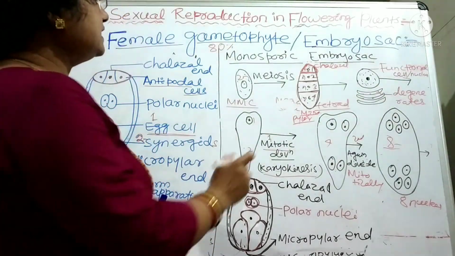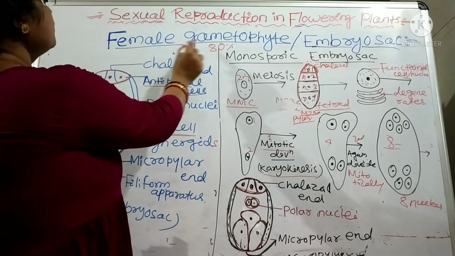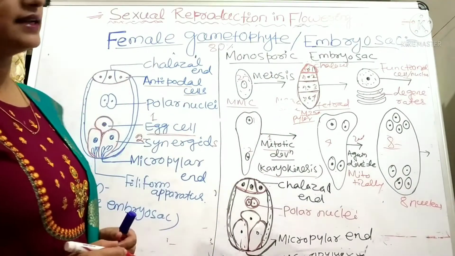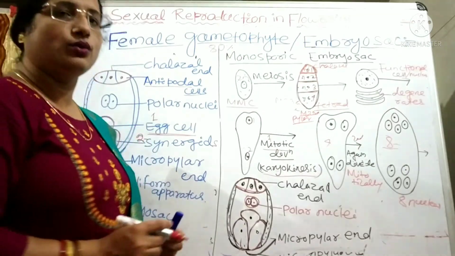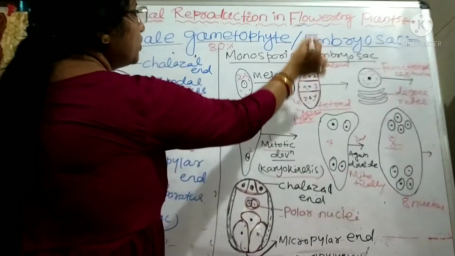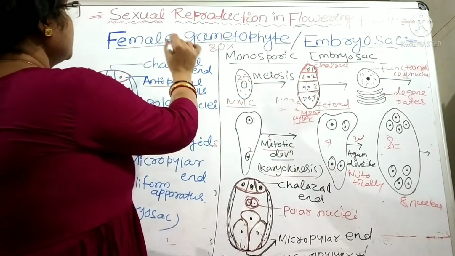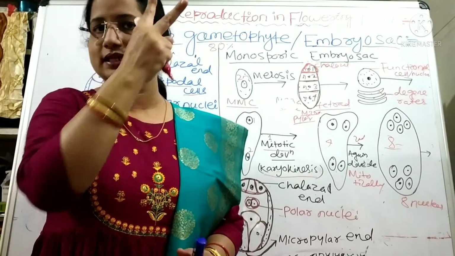When a single spore undergoes the formation of the female gametophyte or the embryo sac, then the embryo sac will be known as monosporic, and when two spores undergo the formation of the female gametophyte, it will be called bisporic.